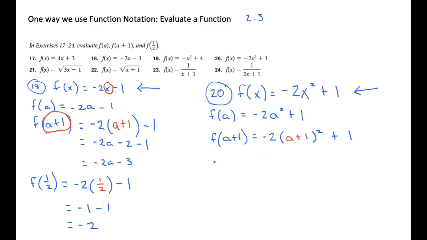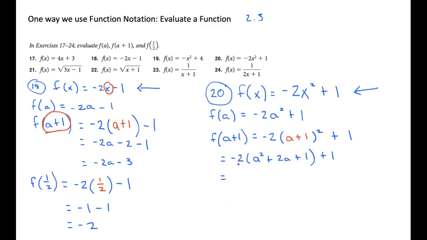So now, as you can see, I'm going to have to distribute this across a squared binomial. So I'm going to give myself a little more room. Negative 2, first I'm going to leave that out and go ahead and square the binomial. So I get a squared plus 2a plus 1, plus 1.